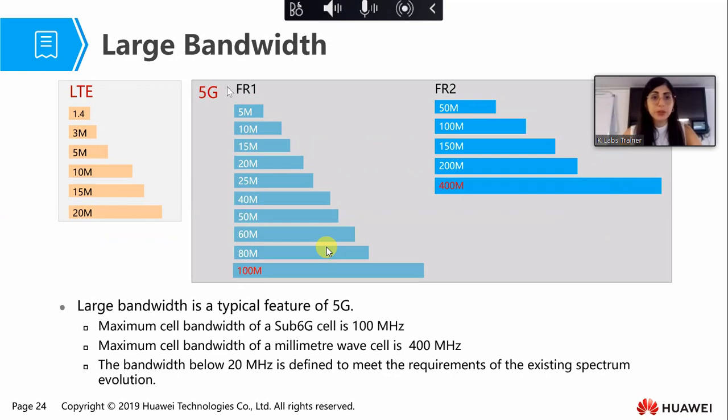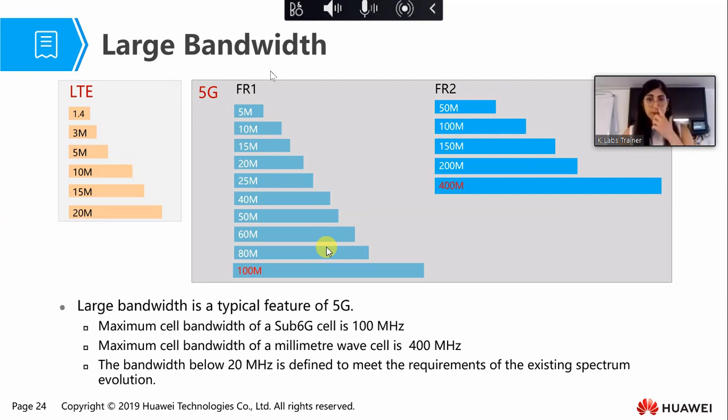So from here, we can see the difference in bandwidth between LTE and 5G. With LTE, we have a bandwidth of 3, 5, 10, 15, at maximum 20 megahertz.